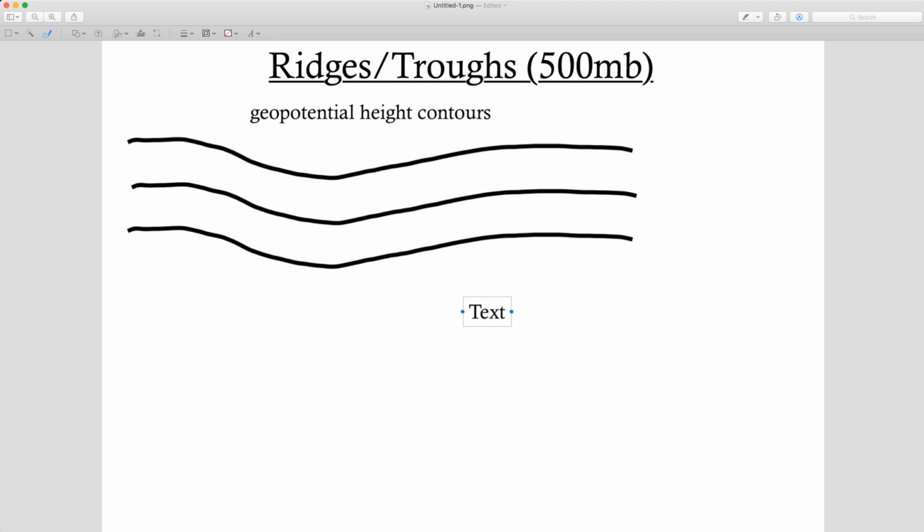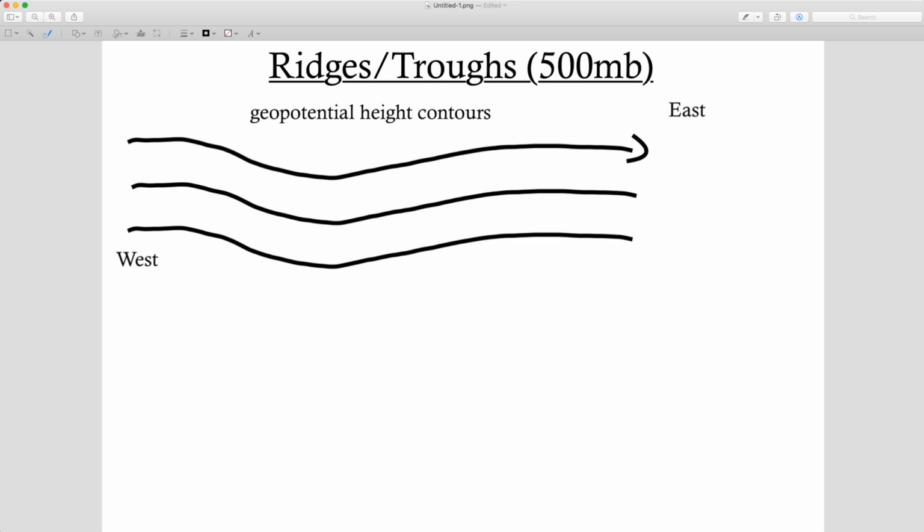Say you're looking from the west, and this side here is the east. In North America, weather patterns will move from west to east, always. So these geopotential height contours, what do they mean? We know these heights represent equal pressure.